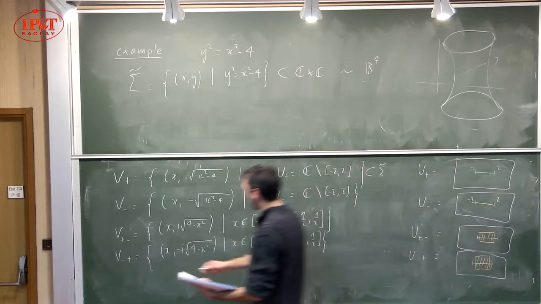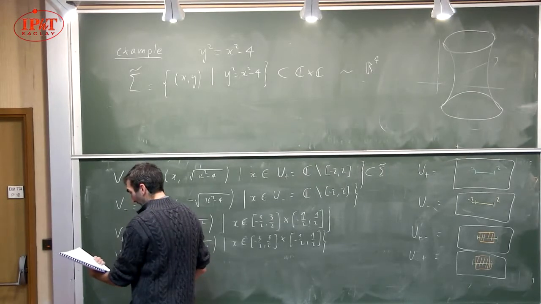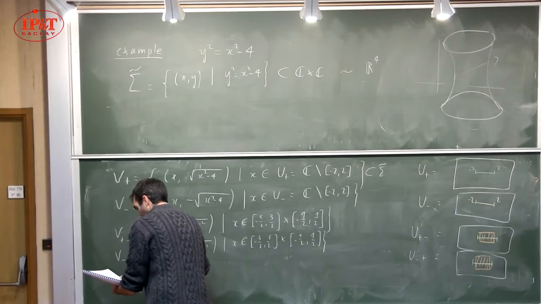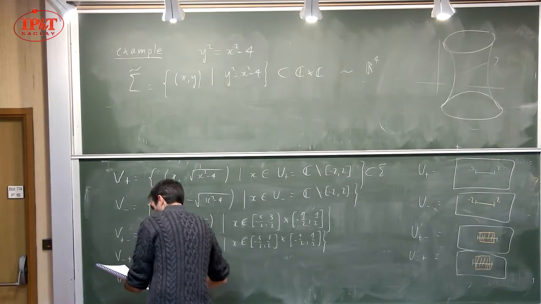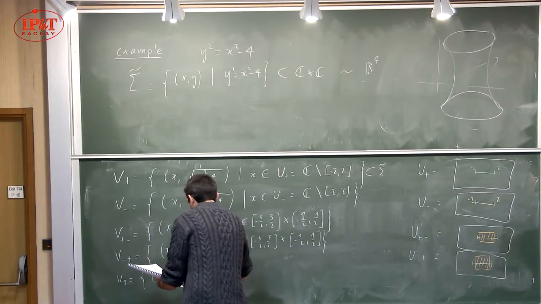And then I will define V1, which is the space of z, square root of 4 plus z squared.